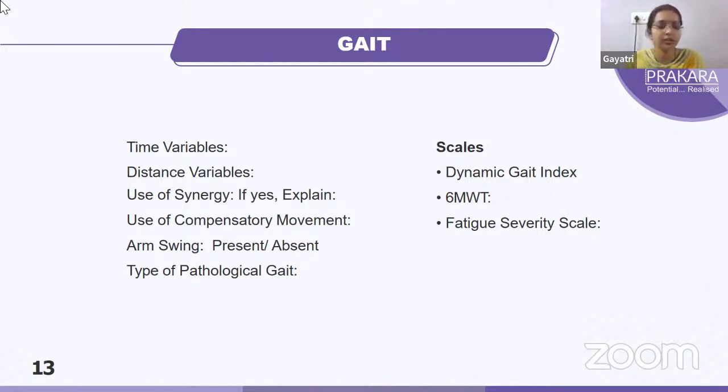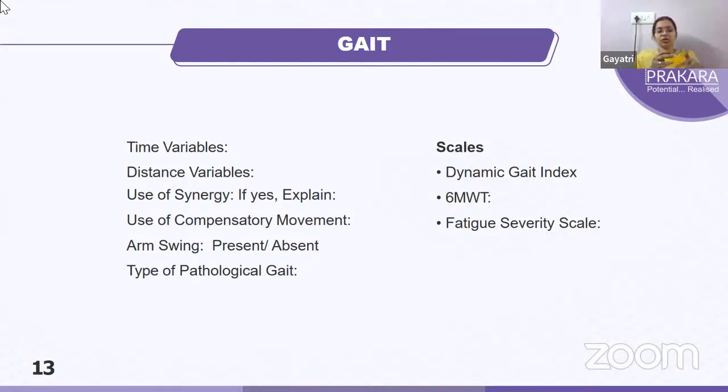Scales you can use: the Dynamic Gait Index is my favorite. It's very easy to perform. It has 8 items and the total score is 24. I've made a note because I cannot remember everything. These 8 items are walking straight, walking at usual speed, walking a curvy path, walking with changing speeds.